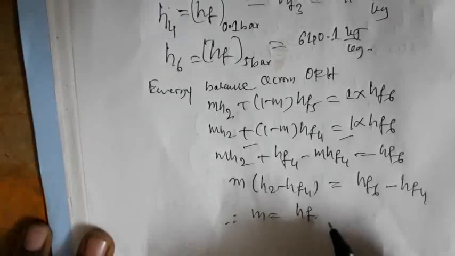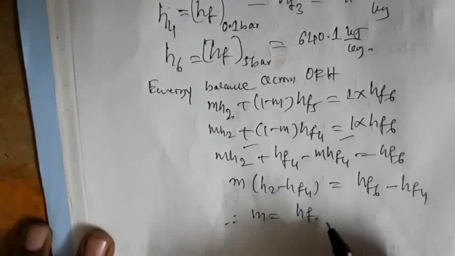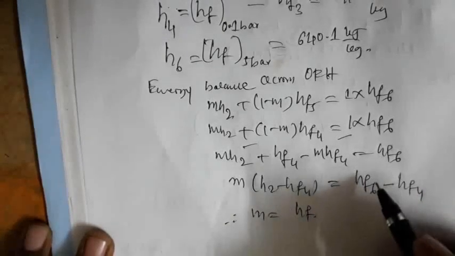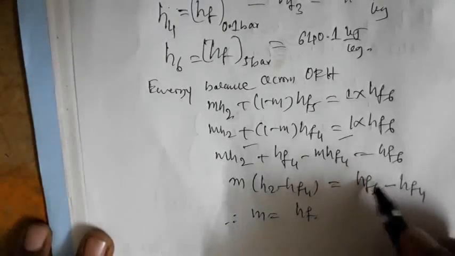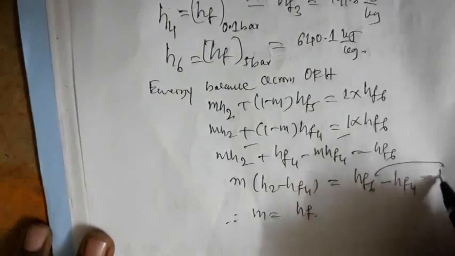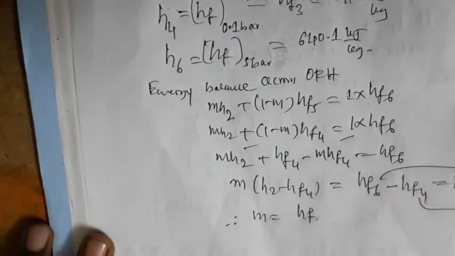HF2. That is, I can replace HF6 as HF2 and HF4 as HF3. Why am I replacing these two terms?